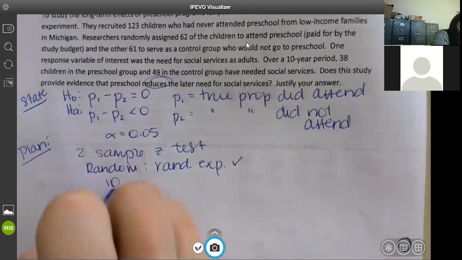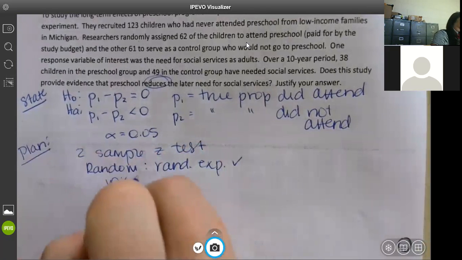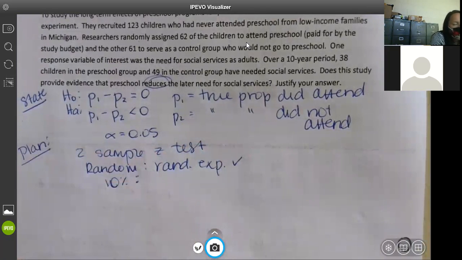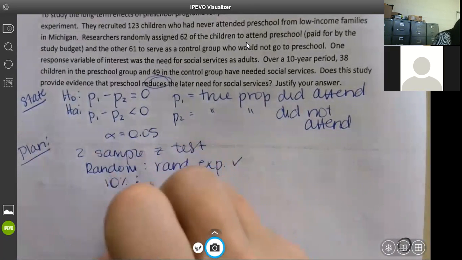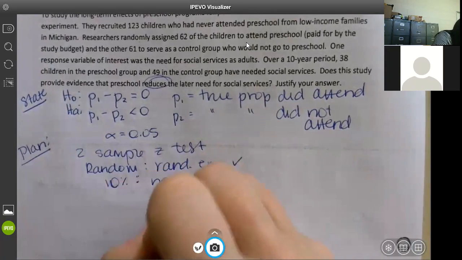What about your 10%? Yeah, they didn't take a sample, did they? What did they do? They just went and got them, right? They went and got them. Yeah, so this one doesn't need to check.